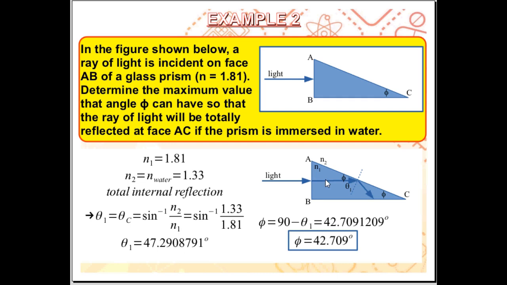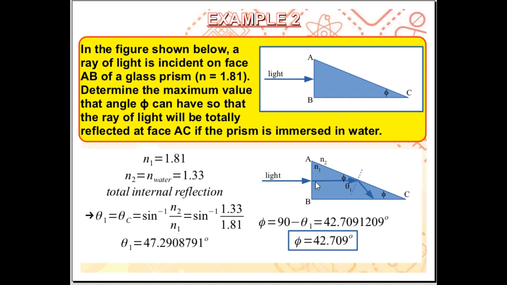So no bending of light, no change in the direction of the light when it passes from this medium into the prism, because the incident light is perpendicular to the interface. And I'll leave it up to you to verify that. Use this situation and test out the law of refraction, and you will see that the refracted light will also be perpendicular to the interface.